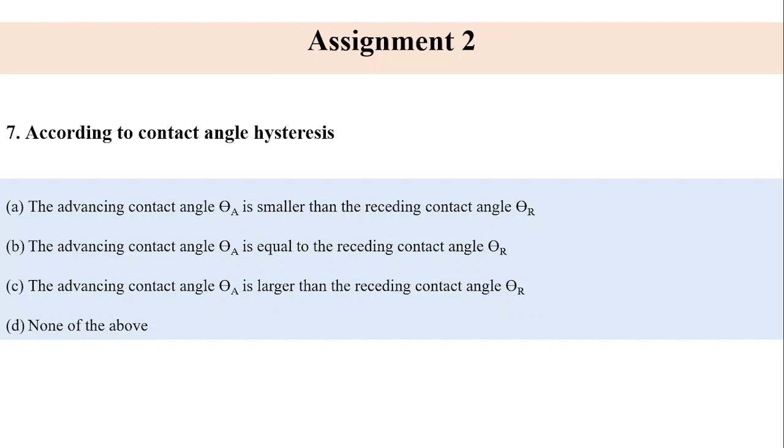The options are: A, the advancing contact angle theta A is smaller than the receding contact angle theta R. B, the advancing contact angle theta A is equal to the receding contact angle theta R. Option C, the advancing contact angle theta A is larger than the receding contact angle theta R. And the last option is none of the above.